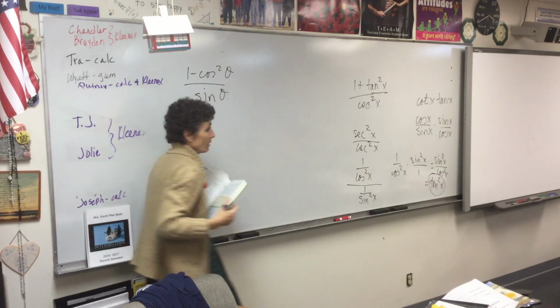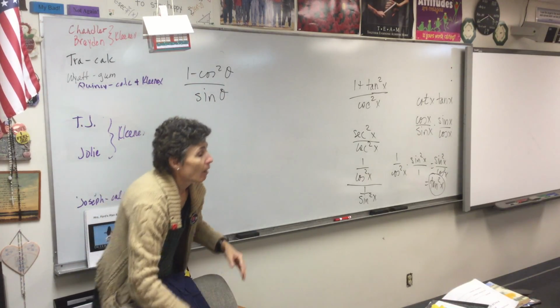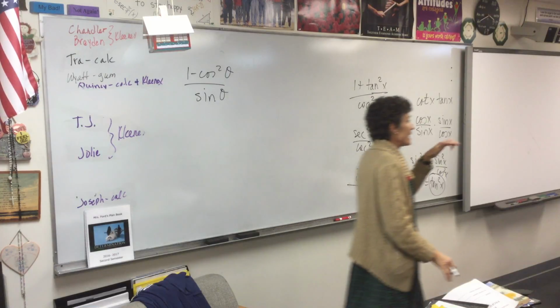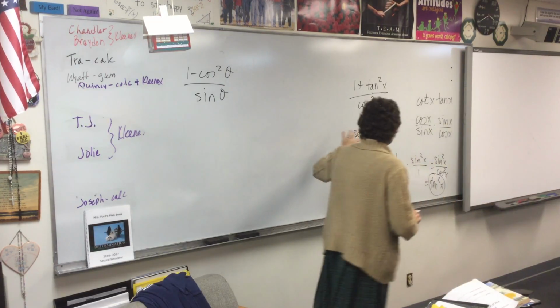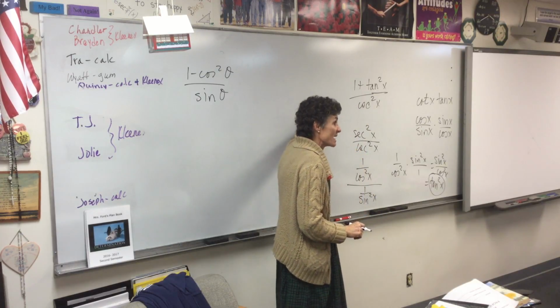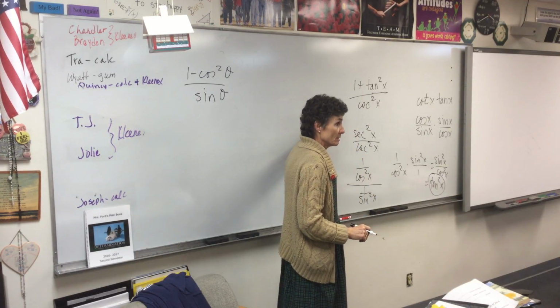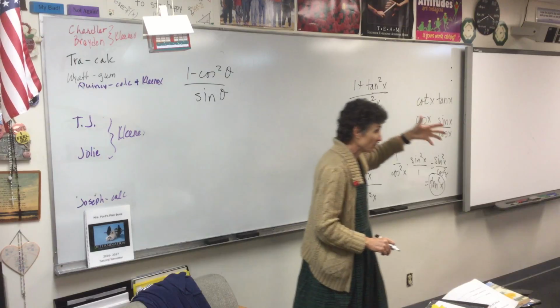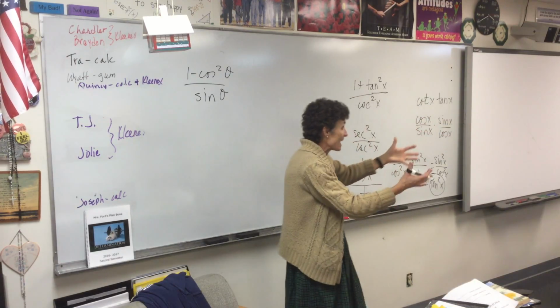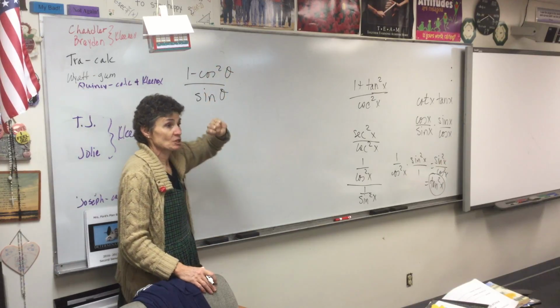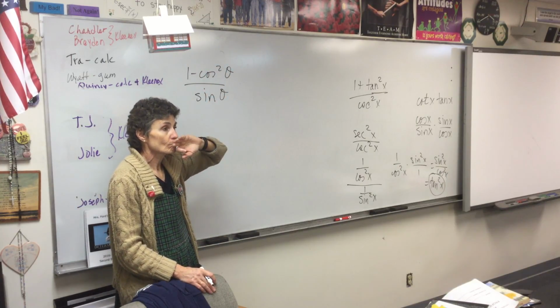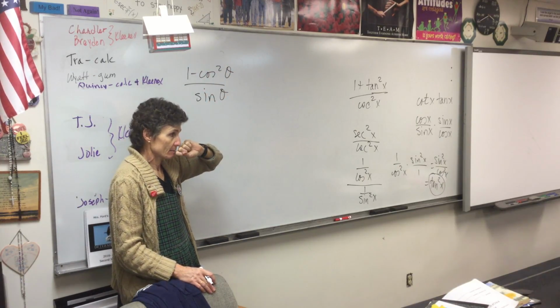All right, so here's where we are. When I have a 90 in my problem, I automatically think complementary, cofunction. What group do I think about when I see a square? The Pythagorean identities.